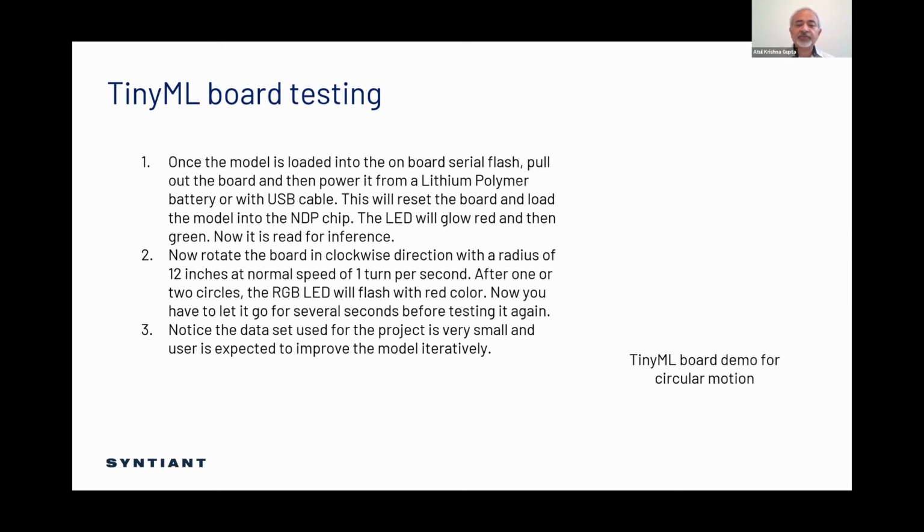So in that case, we only generate one interrupt. If you want to give it a try again, you probably want to wait for a minute or a few seconds, so the open set classifier is triggered, and then you can test it again for the circular motion.